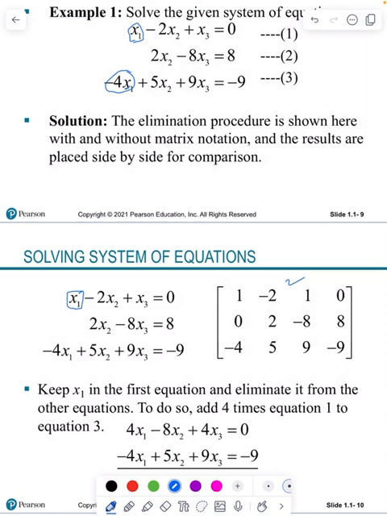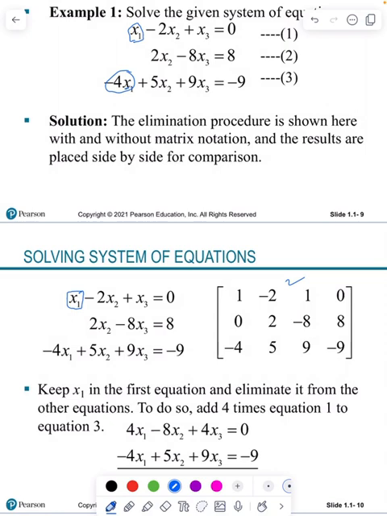There are some operations that we can do, but not just anything that we think of. There are 3 types of operations that we can perform on these equations and correspondingly on the matrix. Whatever we do to the equations, we will be doing to the rows of the matrix.